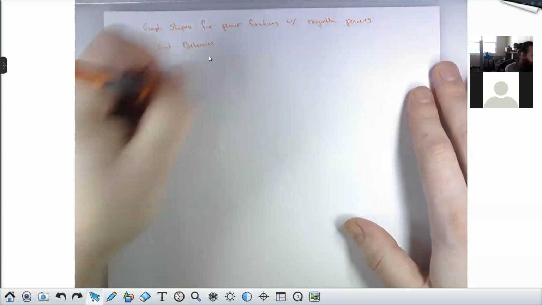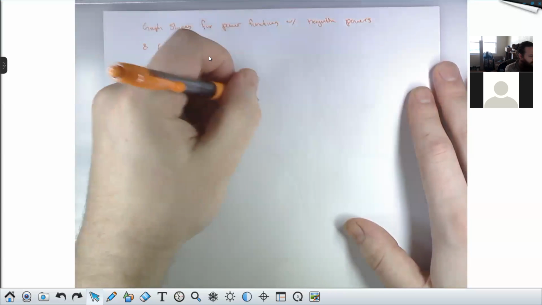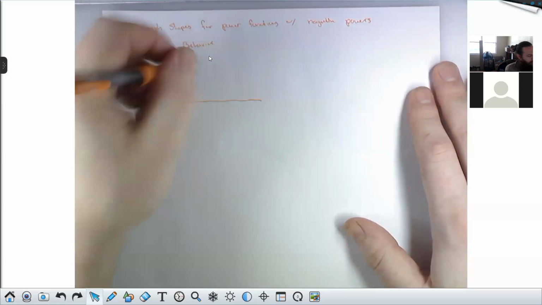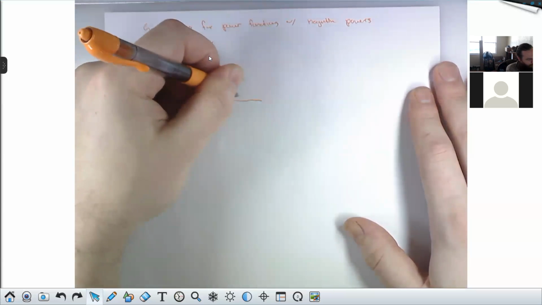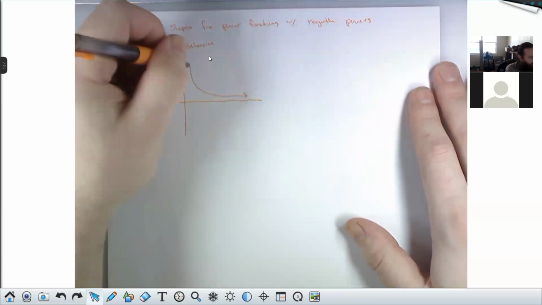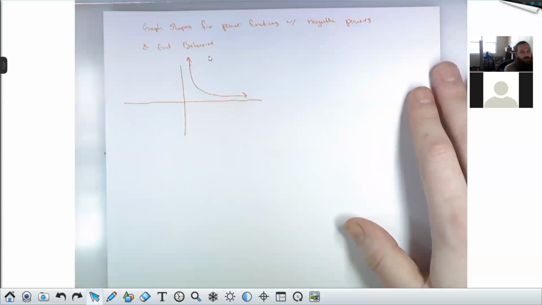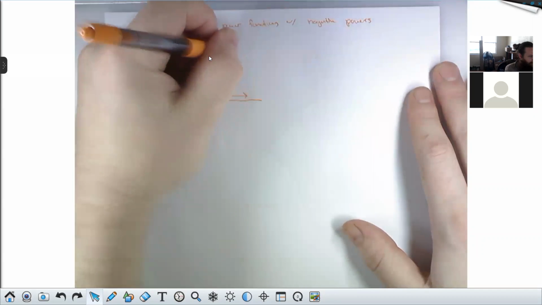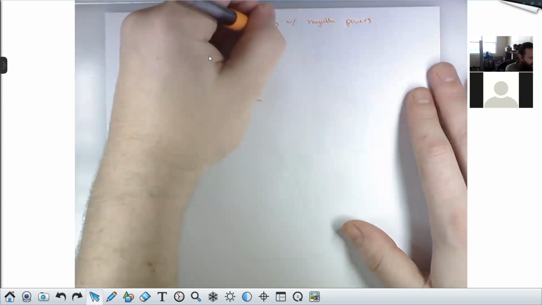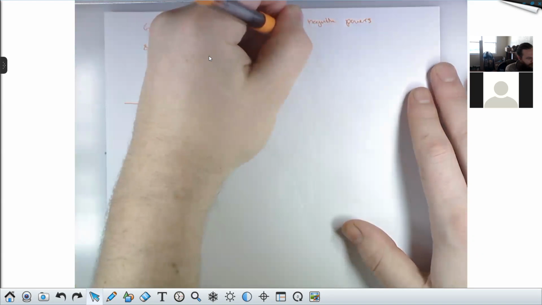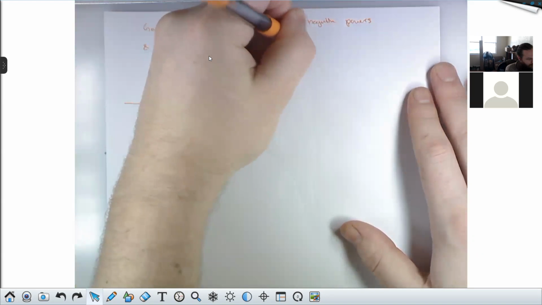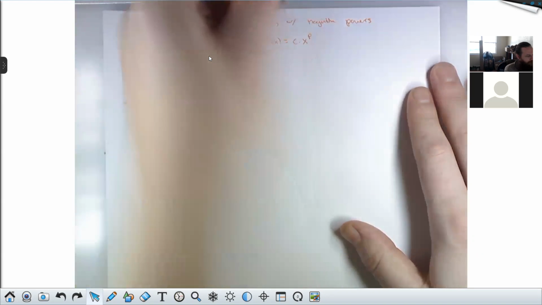And the good news is the quadrant 1 graph shapes here, there's really only one of them. All of these power functions in quadrant 1 where the power is negative have this quadrant 1 graph shape. Now, these are functions of the form f of x equals c times x to the p.